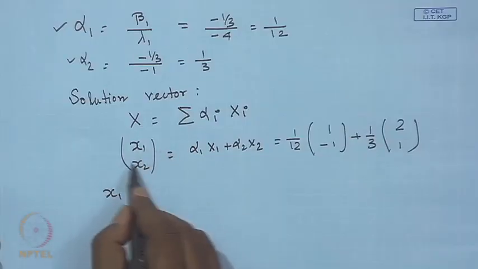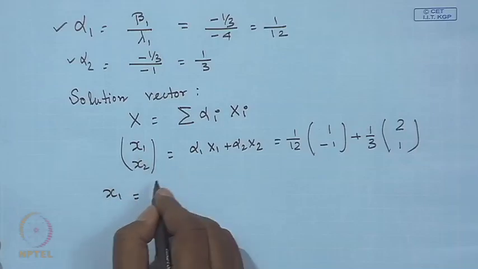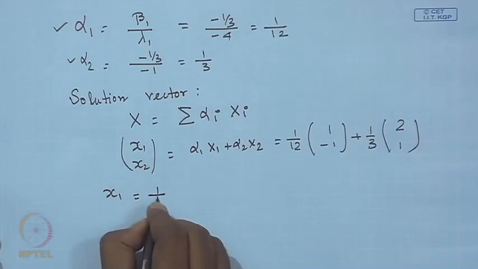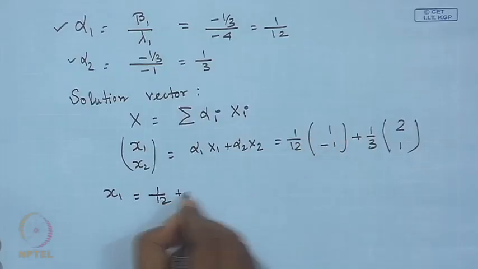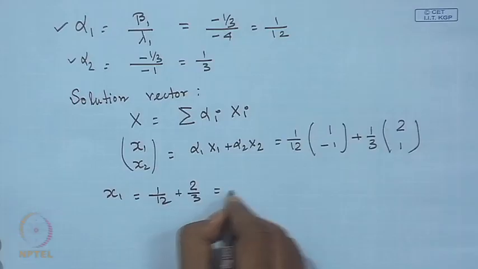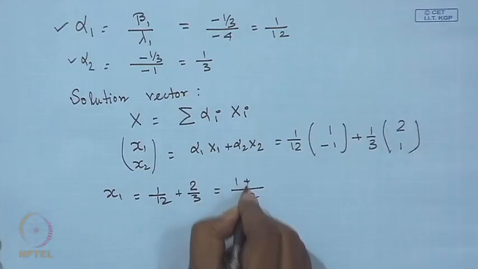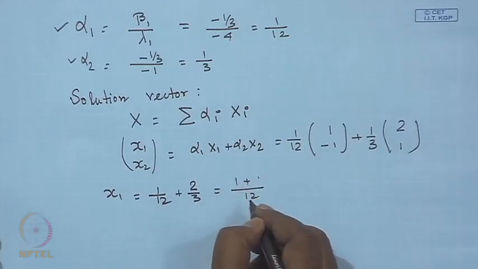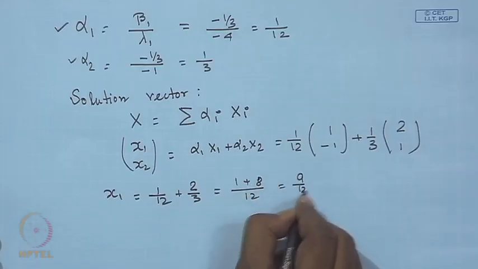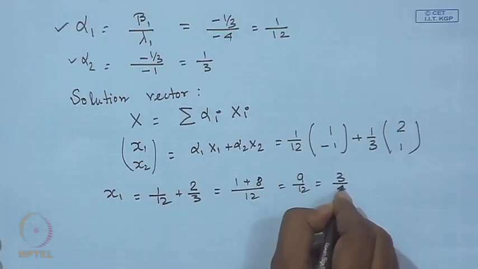So, we will be getting the solution elements. x 1 is equal to 1 by 12 into 1 plus 1 by 3 into 2. So, it will be 1 plus 8 over 12, that is 9 by 12, so it will be 3 by 4.